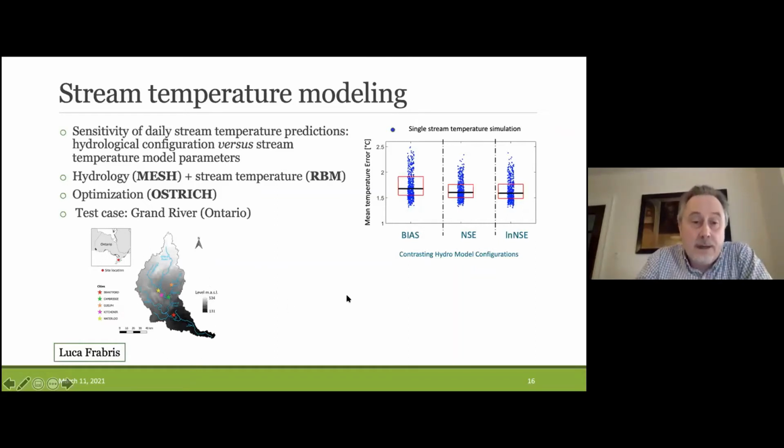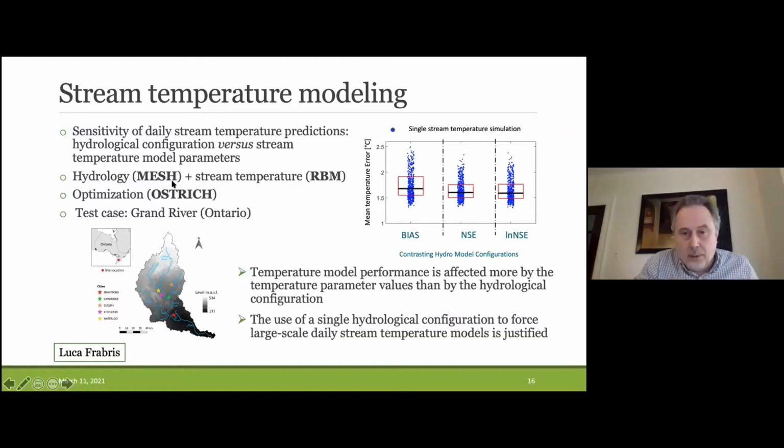What he found is that there's higher sensitivity of his predictions to the stream temperature parameters that are imposed rather than to the hydrology. So in other words, temperature model performance is affected more by the temperature parameters that are supplied to RBM than by the hydrological configuration.